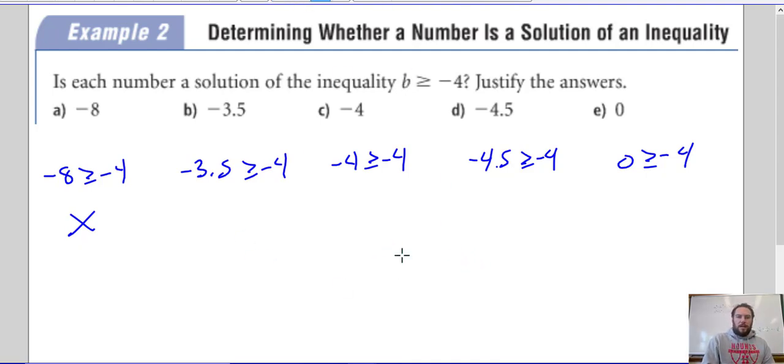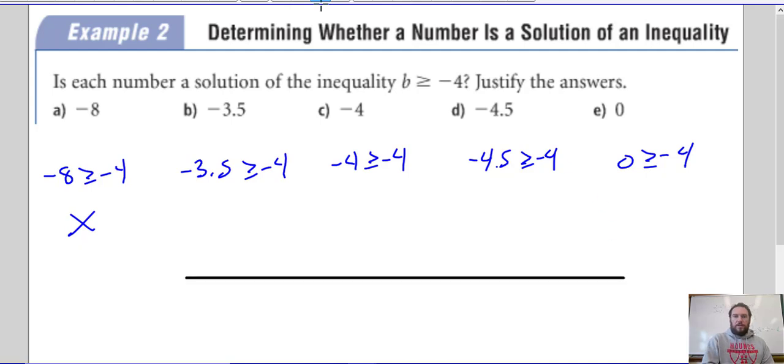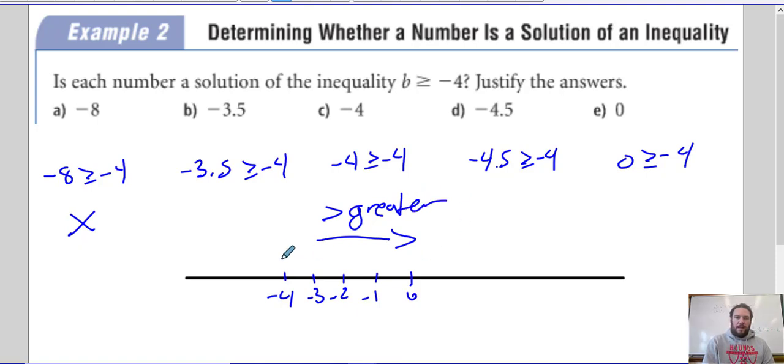And how do we check what it means to be greater than? Well, we can think about this as being on a number line. So if I have my number line here, here's 0, -1, -2, -3, -4 is there. What does it mean to be greater than? When we're thinking about our number line, anything to the right is greater than, and anything to the left is less than.